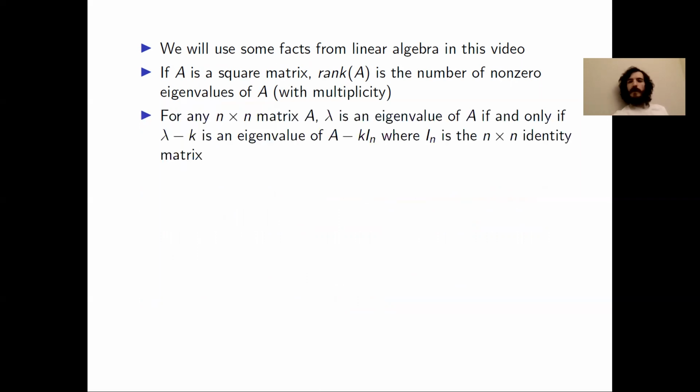Another useful fact is that if we have an n by n matrix A, then lambda is an eigenvalue of A if and only if lambda minus k is an eigenvalue of A minus k times the identity matrix. And the identity matrix that we're using, of course, has the same dimensions as A. And this second fact can be seen right away from the definition of eigenvalue.